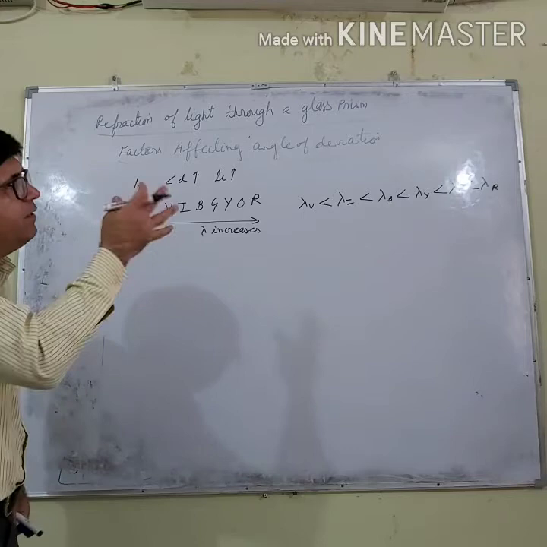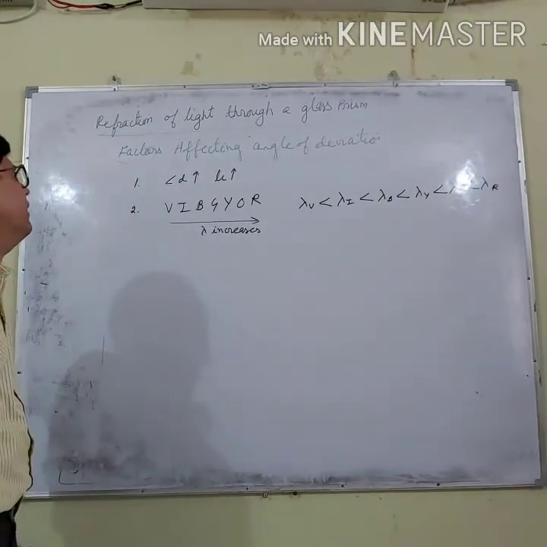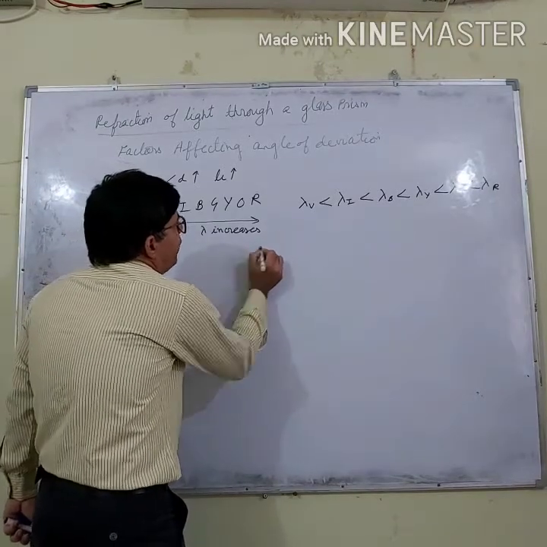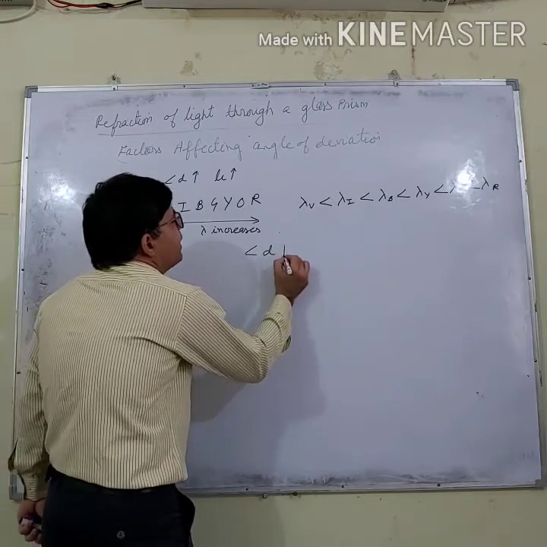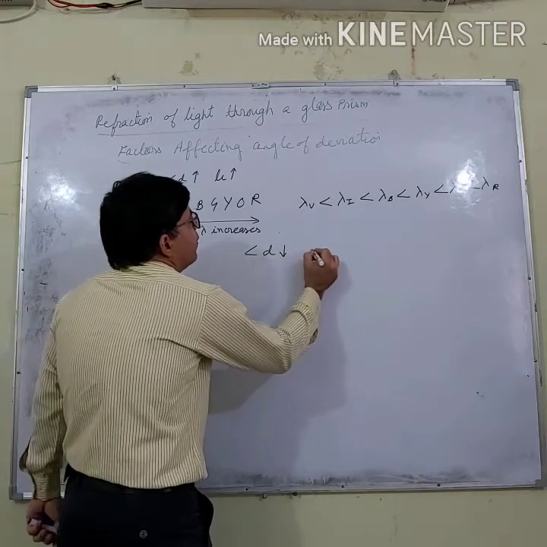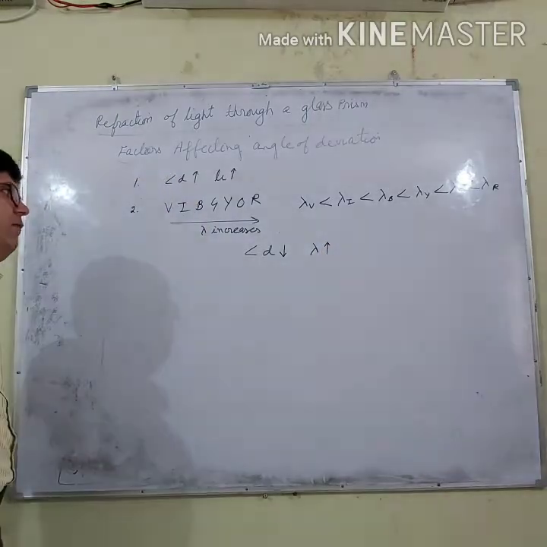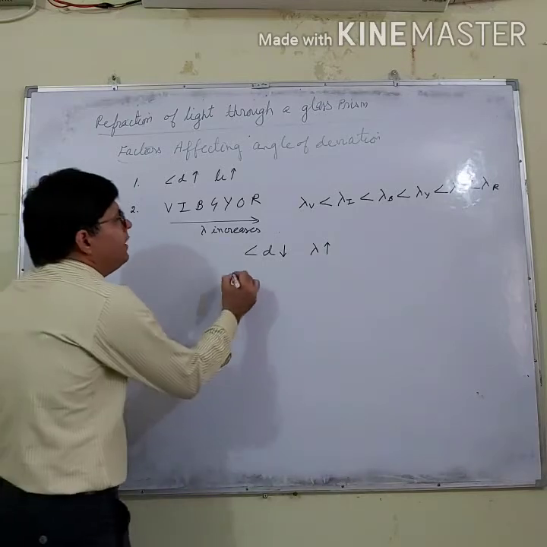So you can say red has the maximum wavelength and violet has the minimum wavelength. So the angle of deviation decreases with increase in wavelength. When wavelength increases, angle of deviation will decrease. So what does it mean?